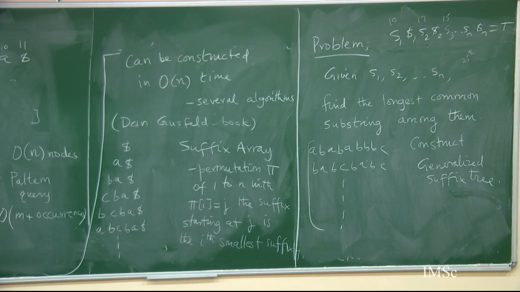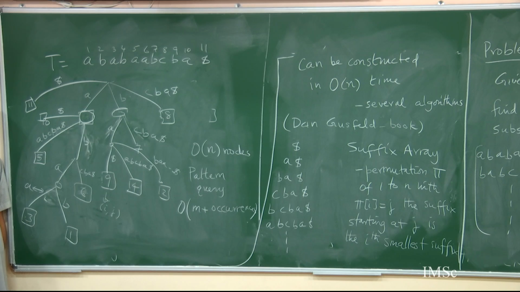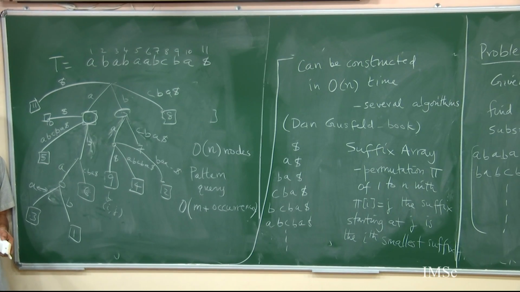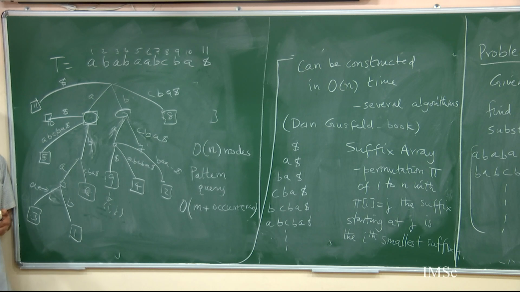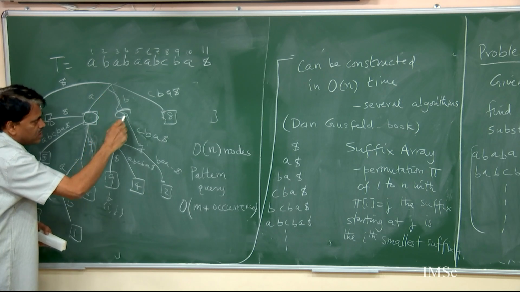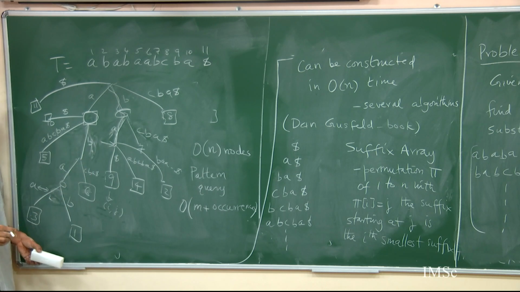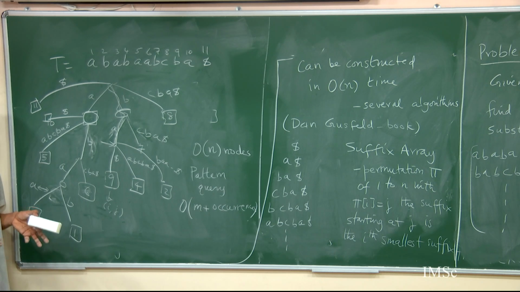Looking at the suffix tree, what does a common string mean? Let us say this string is a common string, what does that mean? How do I figure it out from the suffix tree? In the leaves, what am I looking for?